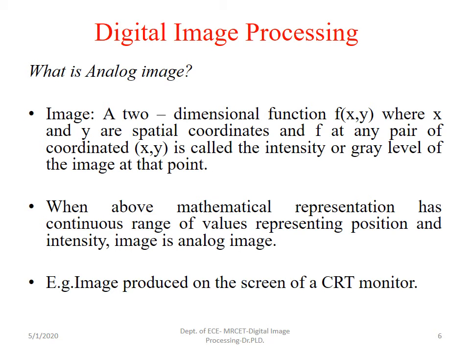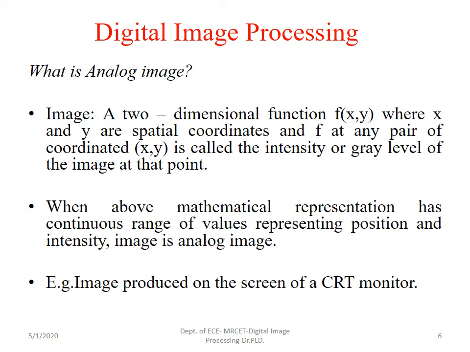So what's an analog image? It is a two-dimensional function f(x, y), where x and y are spatial coordinates and f at any pair of coordinates (x, y) is called the intensity or gray level of the image at that point. When the above mathematical representation has a continuous range of values representing position and intensity, that image is called an analog image.